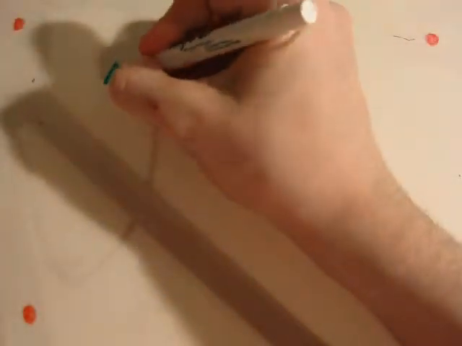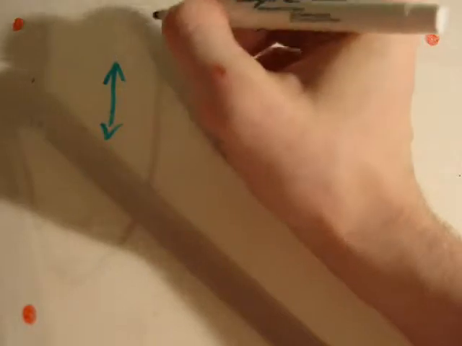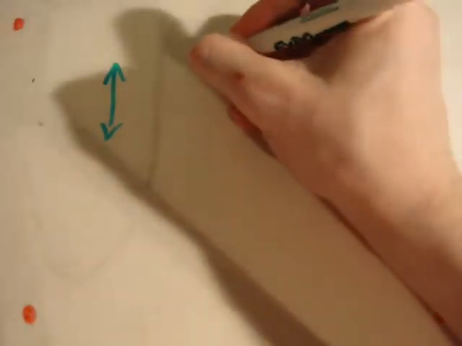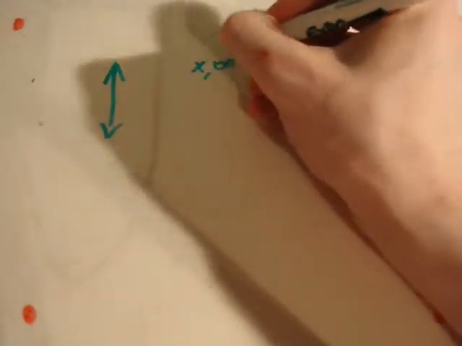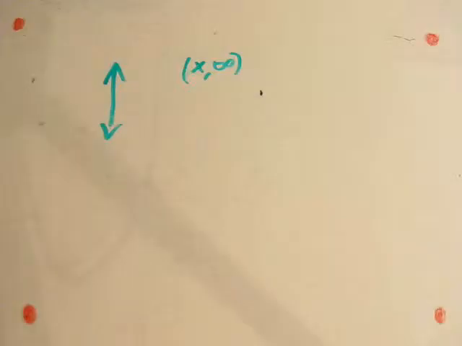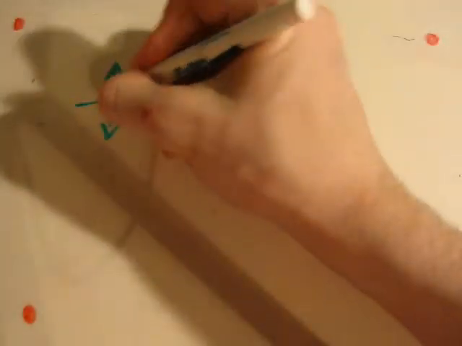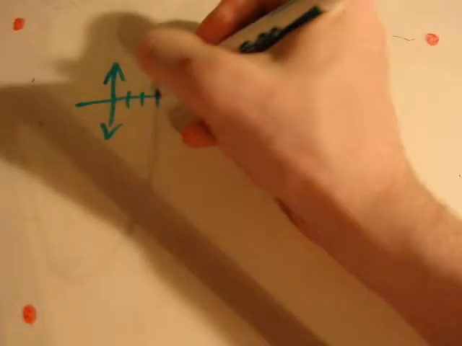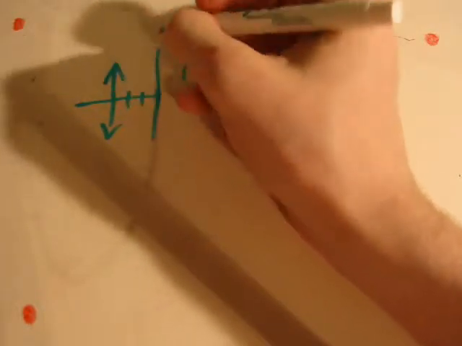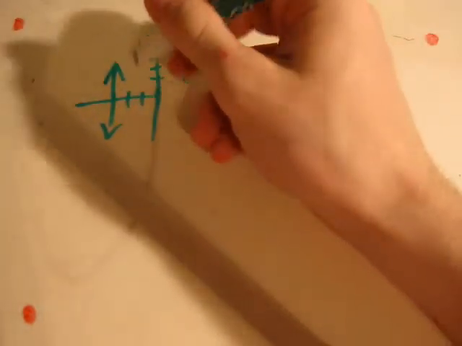A vertical line is a little different, where it doesn't matter what the y is, the x is what changes it. It can be anywhere on the number line, but it's always going to be something on the x value.